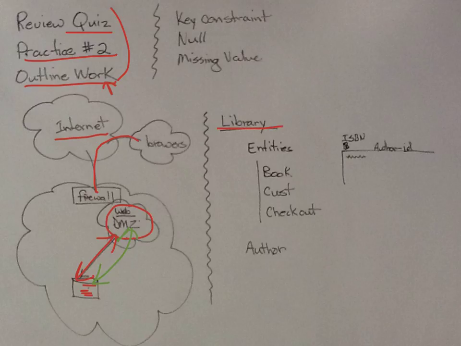We gave a library example. Entities, books, customers, checkout. Author could have their own table, and information from the author table be stored in the book table. Let's just say this is the book table.